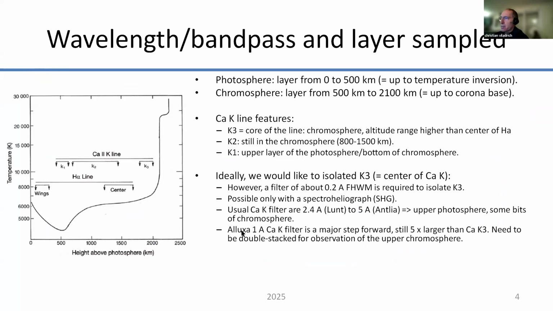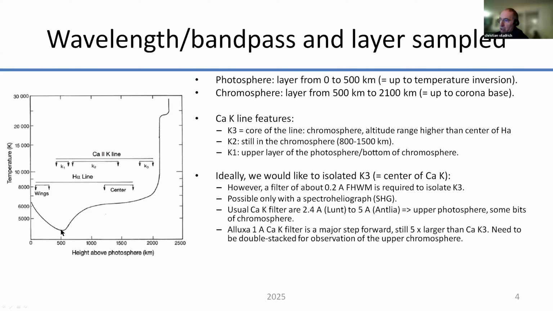If we look at this very interesting figure, what do we have here? We have the altitude in the chromosphere over the photosphere, and here we have the temperature. So this is the evolution of the temperature depending on the altitude. The photosphere is here from ground zero, we would say, to an altitude of 500 kilometers. The temperature decreases, and here we have the temperature reversal.